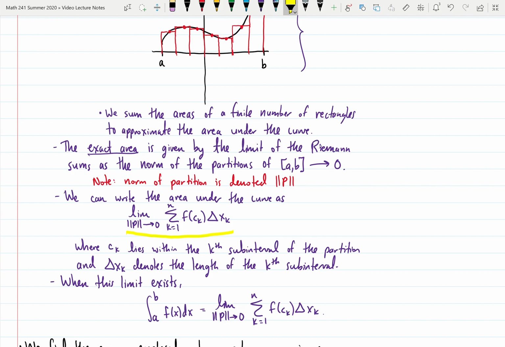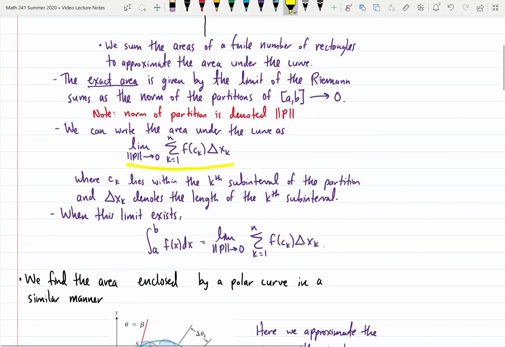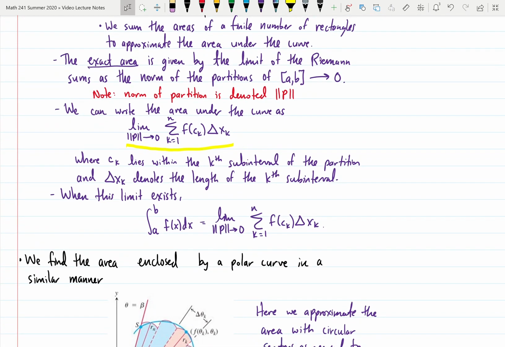So c sub k in this expression is just some value that lies within the kth subinterval of the partition, and delta x sub k is the length of the kth subinterval in the partition. And when such a limit exists, we can actually define the definite integral with this equation here. So the definite integral from a to b of f of x dx, which we're of course all very familiar with, is defined as that limit.